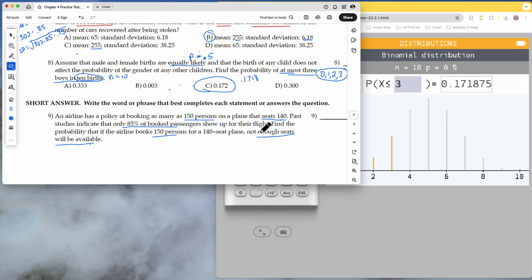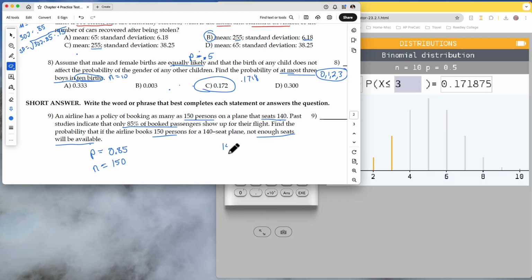Because a passenger will either show up or not show up. So the probability of a passenger showing up is 0.85. And in this case, the n, the number of trials, is the number of people that are booked. That's going to be 150. What we're going to want to use is the binomial distribution to see a probability. Not enough seats means how many people showed up.